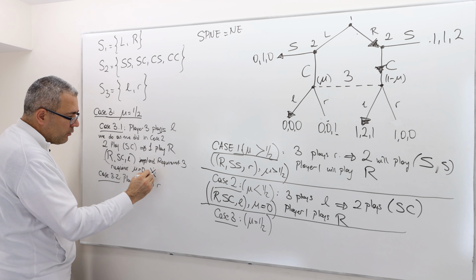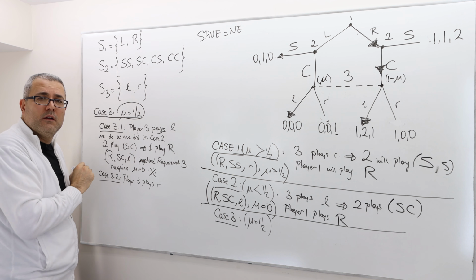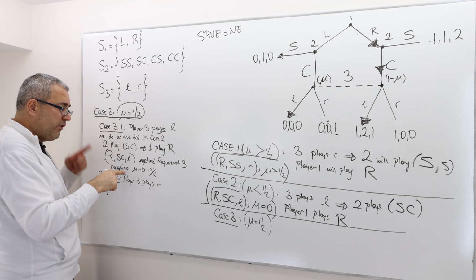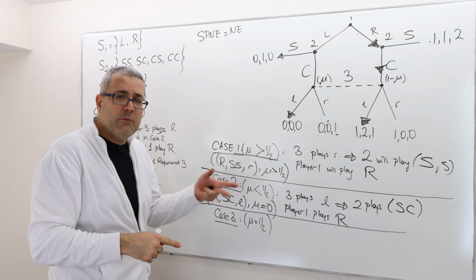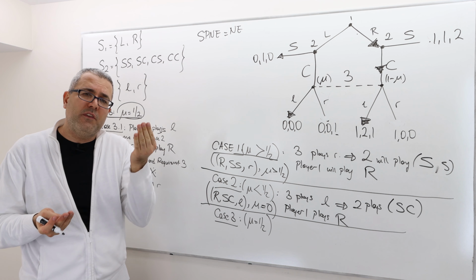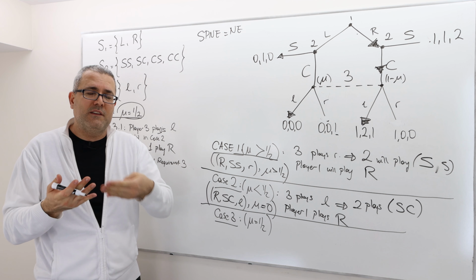That's a contradiction. Why is that? Well, remember, mu has to be 1/2. It can't be 0. But requirement 3 imposes that mu must be 0. So these are two things that cannot hold at the same time.